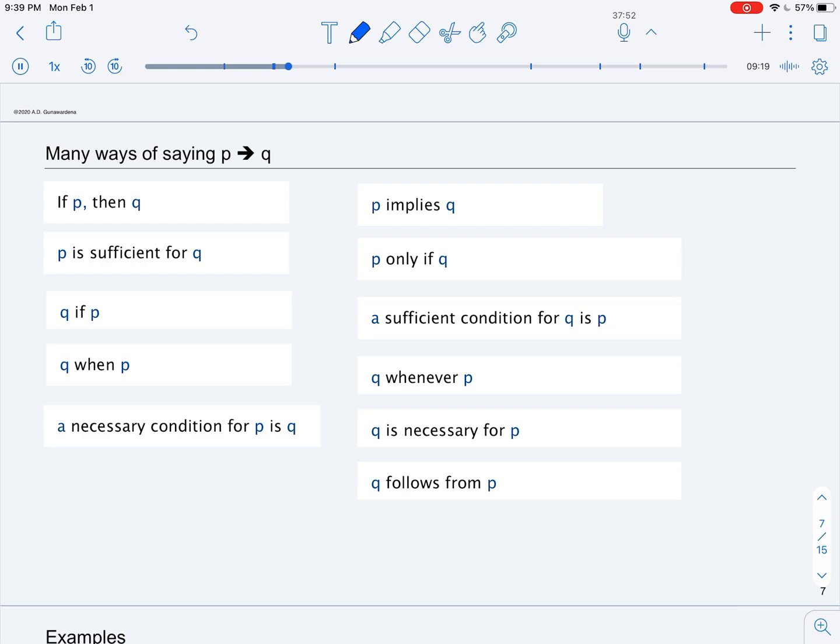It's just to bring your awareness that there are many ways in the English language in which we may want to convey an implication. I also want to mention that sometimes when we speak in English, we are not as precise as we may be if we were just giving a logical proposition using mathematical notation.